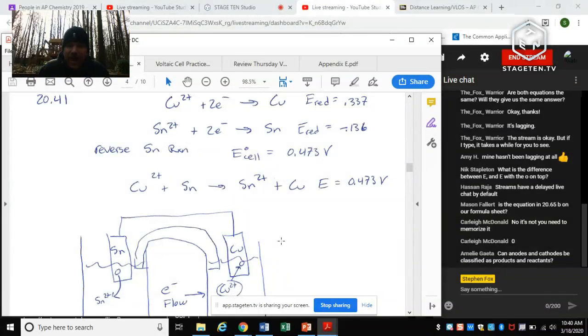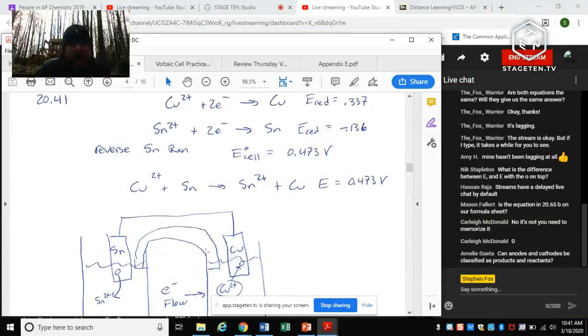Okay, so it's not the type of reaction where I just start with reactants and I get products. Yes, if I have tin and copper ions, they'll spontaneously react together. But to make a battery out of that, to get electron flow out of that, I have to separate the compartments, and that's when I have to have all of the things in my reaction, the products and reactants, all set up to start a battery.